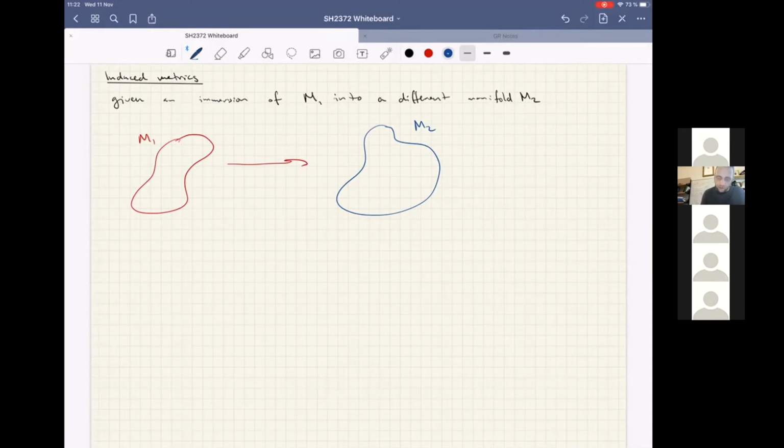So I'm going to call this F. So this immersion F is a mapping from M1 to M2.